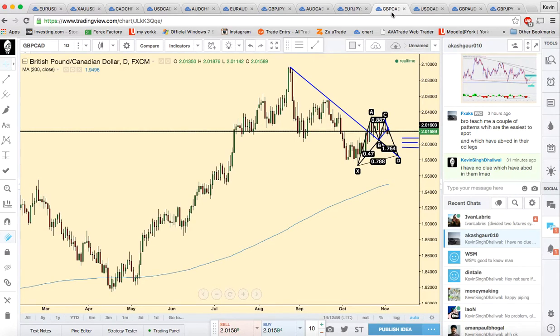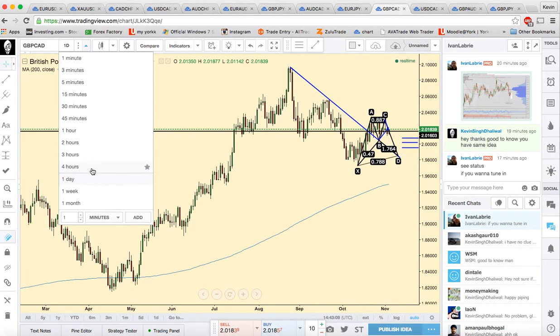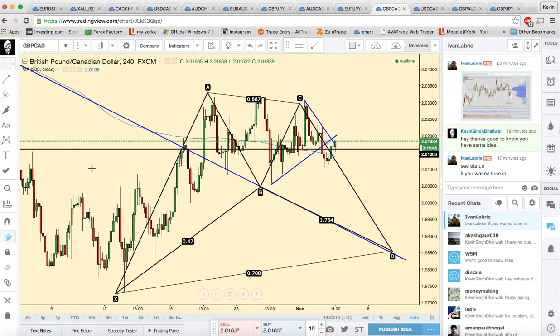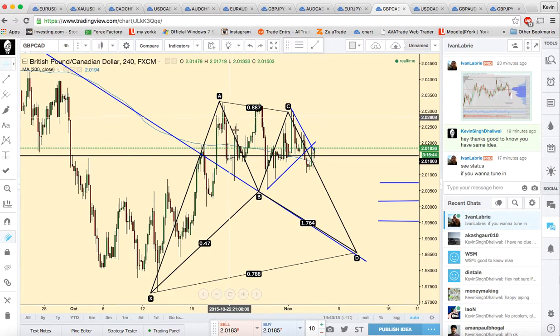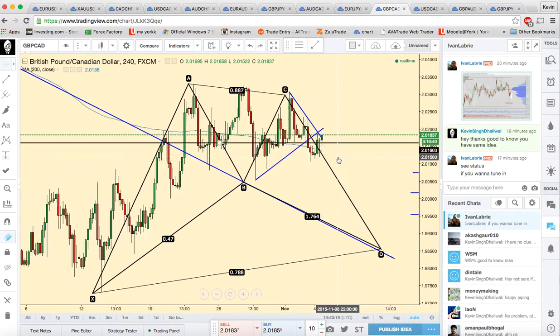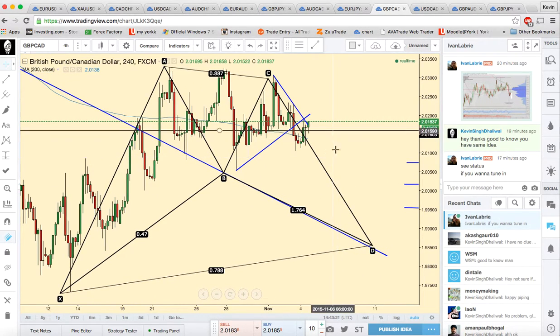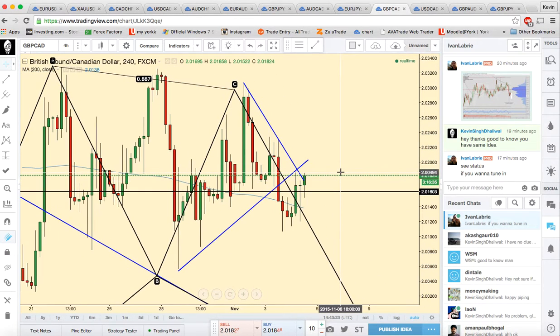For GBP Canada, we had a breakout, this blue line, and it broke out. Now we might see another low, but I'm not sure if it goes above. So we have to see how this plays out.